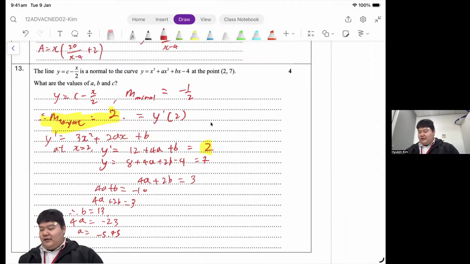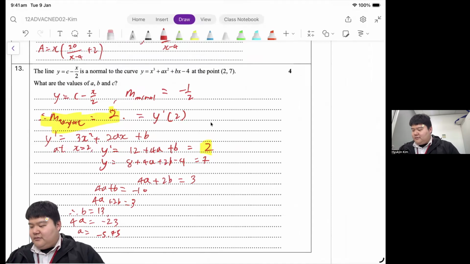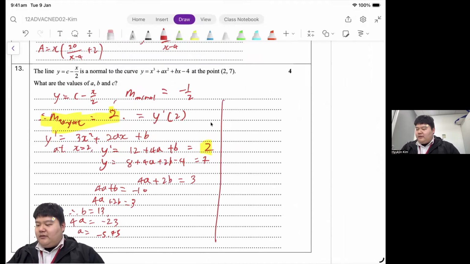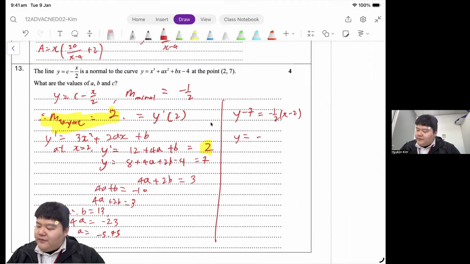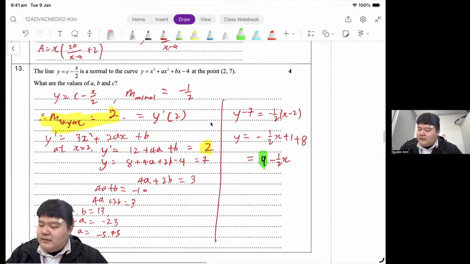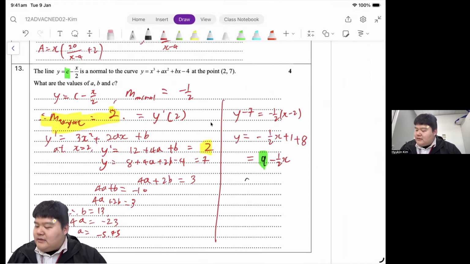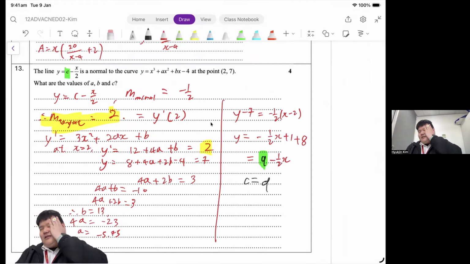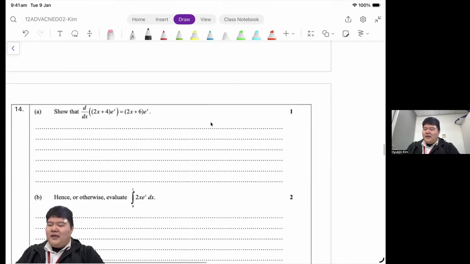Now I've got to find the equation of the normal. So I get y minus 7 equals negative 1 on 2, x minus 2, y equals negative half x plus 1 plus 8. That means it's 9 minus 1 on 2 x, but that is supposed to be my c. c equals 9. I'm not sure if I did it right because a is a bit ugly, but I'm just going to move on due to time.